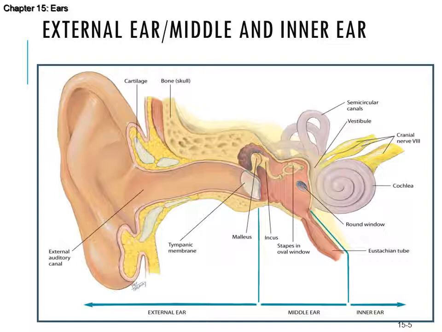The middle ear has those 3 little bones in the center: the malleus, the incus, and the stapes. And then from the middle ear, it goes to the inner ear. The inner ear is the one that has cranial nerve number 8. That's where you locate that.